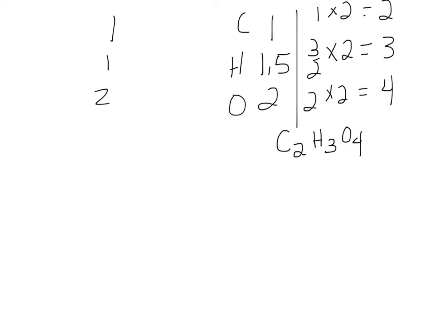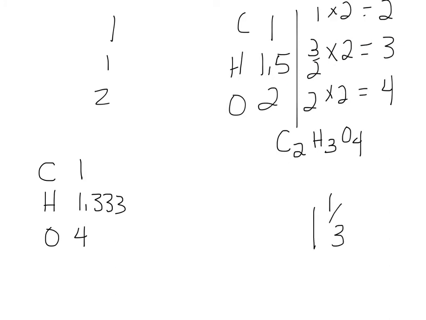Okay. What if you had this fraction? Let's do another example. And you can write this wherever on your notes. 1.333. Okay. So if we had this, 0.333 is 1/3, right? So that's the same as 1 1/3 or 4/3. So how do we get rid of that fraction? We're going to multiply it by 3. And what we do to 1, we do to all of them. And this one's going to give us 4.